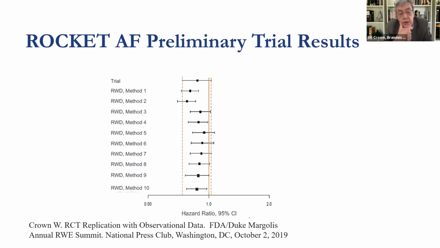I had presented these results earlier. This is just to give you a sense of the amount of variability in the treatment effect estimates about a year ago. These are preliminary results for the Rocket atrial fibrillation study. Up at the top is the actual trial estimate here, and then I've interwoven results from using different methods by the two different research teams. Up here in the beginning, these are unadjusted for anything, just the inclusion-exclusion criteria.